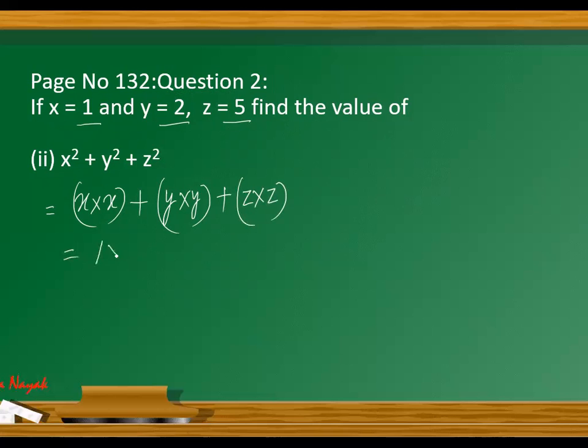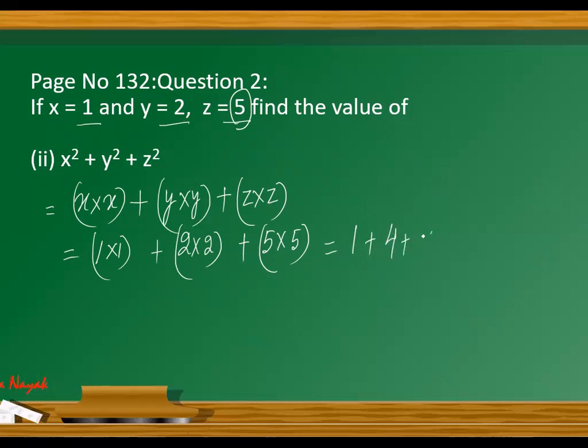So x value is 1, 1 into 1. y is 2 multiplies 2. z is 5, 5 multiplies 5. So the answer is 1 plus 2 times 2 is 4, plus 5 times 5 gives you 25. So 25 plus 4 is 29, plus 1, 30 is the answer.